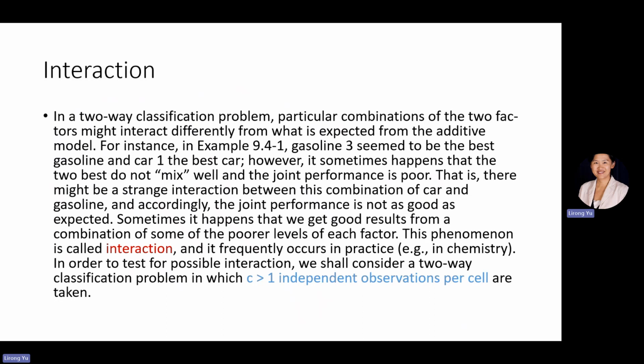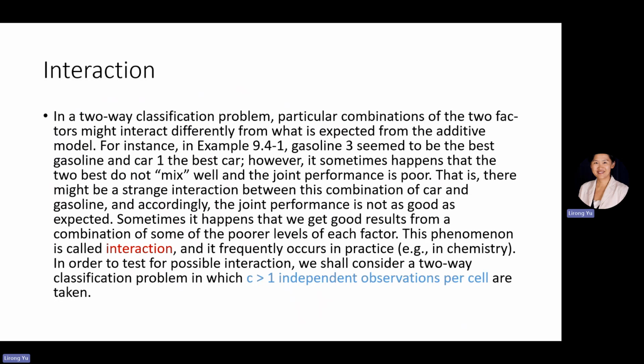So here it says that gasoline 3 seems to be the best gasoline, and car 1 is the best of the cars. You might think that gasoline 3 combined with car 1 will be the best performing, right? If you consider a single factor, only gasoline, then gasoline 3 is best. If you only compare the cars, car 1 is best.